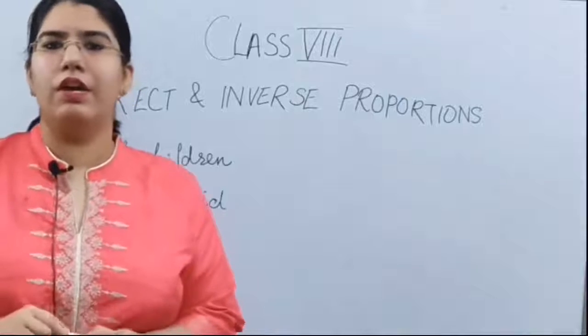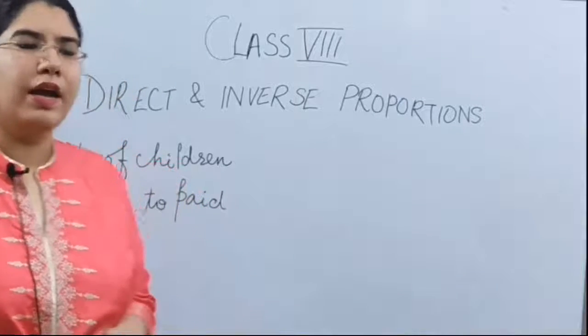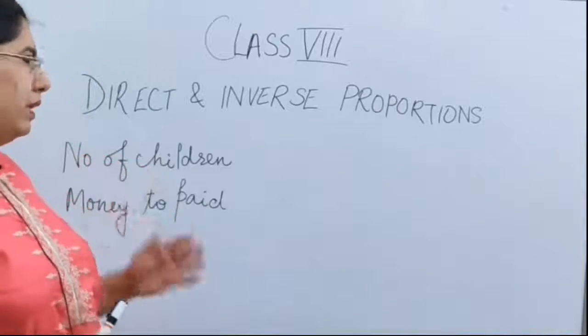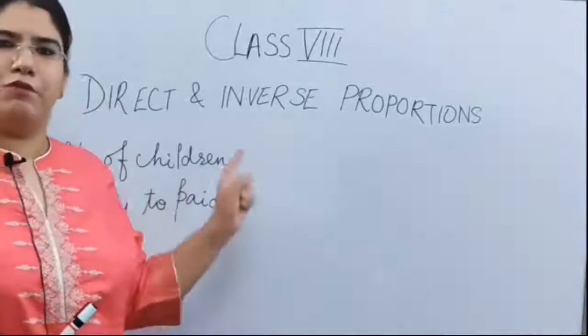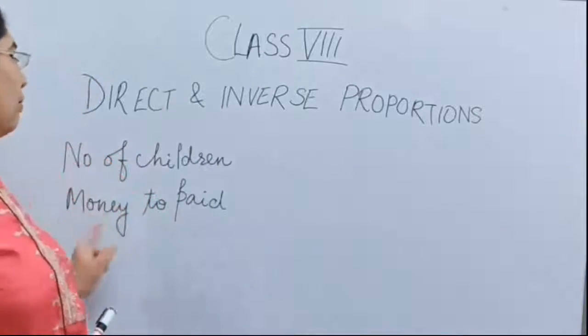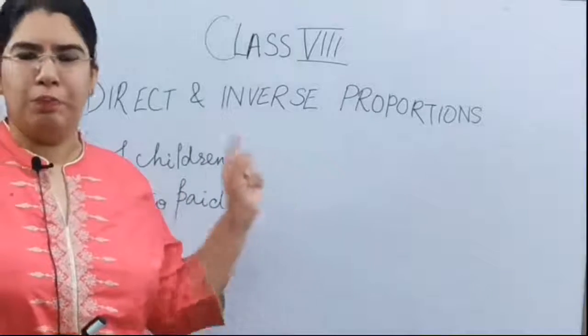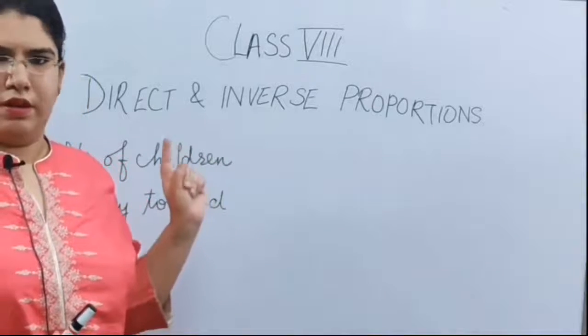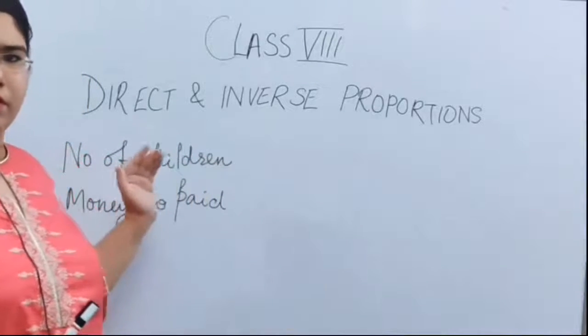And what is the kind of relationship that is there? It is a direct relationship. What does that mean? It means that as the number of children who are coming for the party increases, the amount which will be required to be paid will also keep on increasing. Yes, is it making sense to all of us?